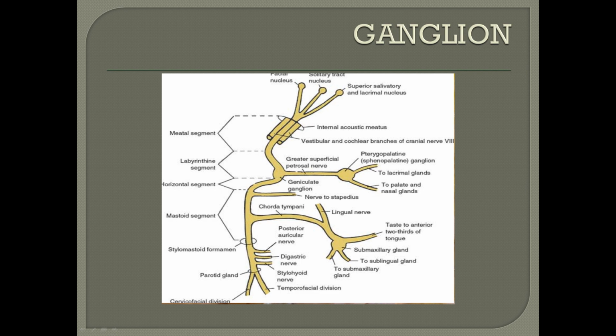It gives a branch to the lacrimal gland, which controls lacrimation. Also, one branch goes to the palate and the nasal gland, and controls their secretion. The second ganglion, which is related to the facial nerve, is related to the chorda tympani, and then through the lingual nerve, this is the submandibular ganglion here.